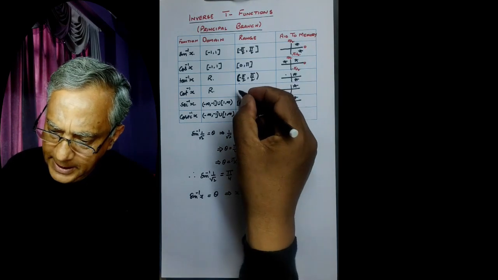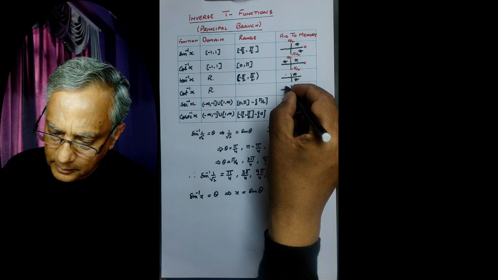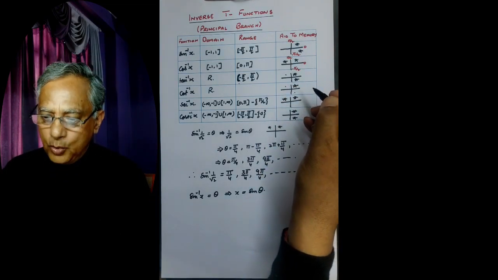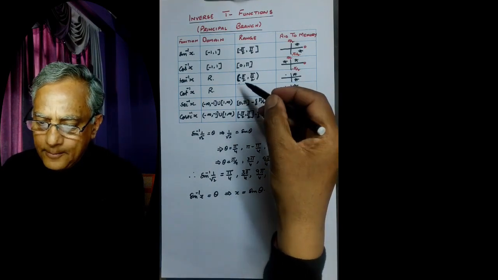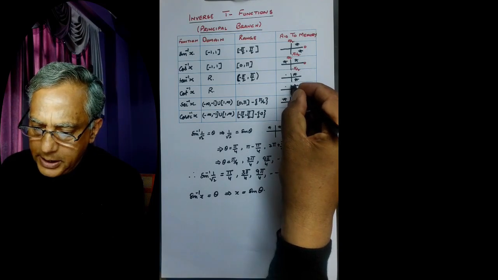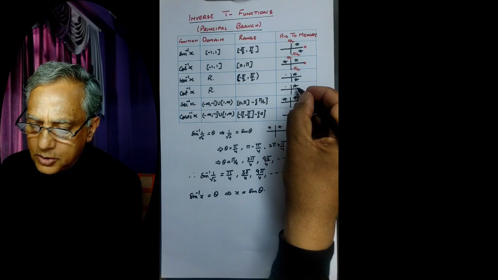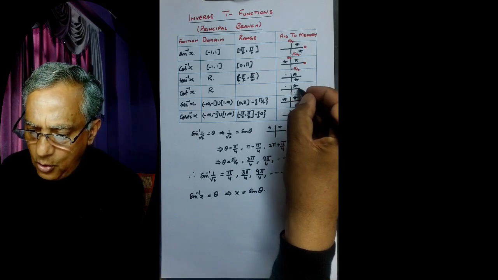And for cotangent, it is again negative in this and negative in this. So again we take one of these. Suppose I take the same interval, minus pi by 2 to pi by 2. But cotangent is not defined for theta equal to 0. At 0 it is not defined.